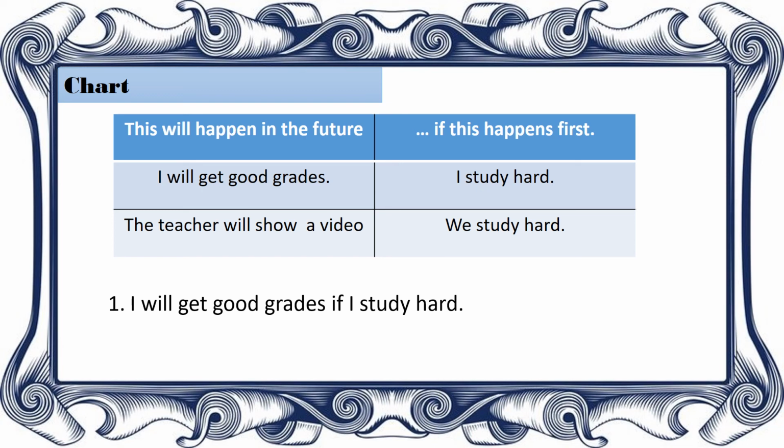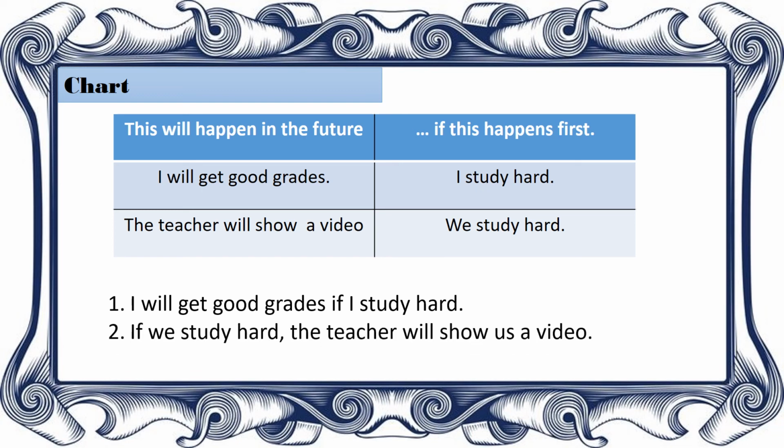So we will say if we study hard, comma, the teacher will show a video, and that will look like this. Okay, so always remember that if the statement starts with the word if, always put a comma before the result.